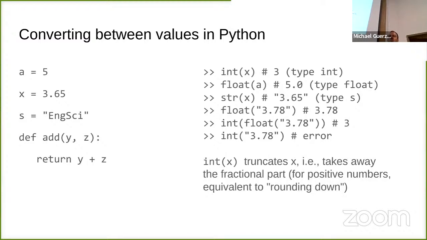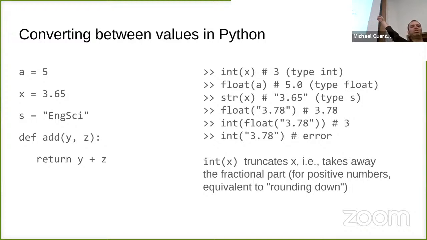So you can convert between different values in Python. The way you convert is you give the name of the type, so int or float or str, and then you use it as a function. It's not a function, but you use it as a function, it computes a value.